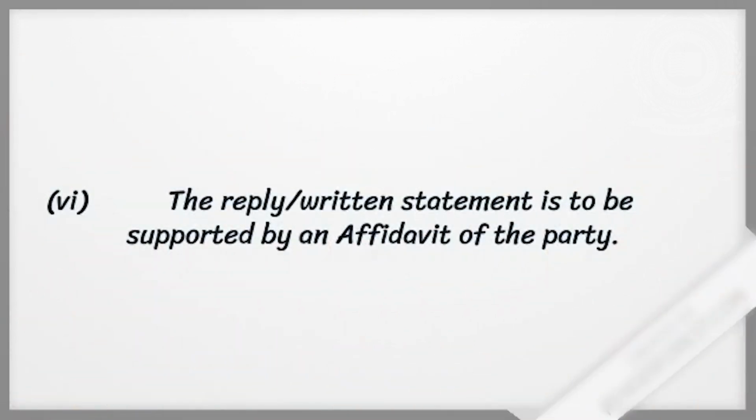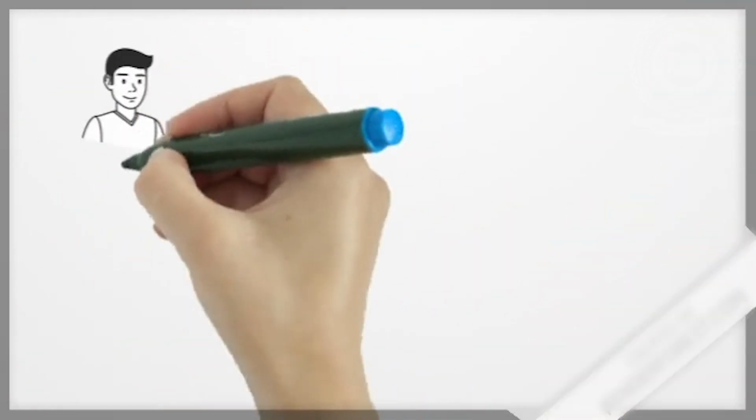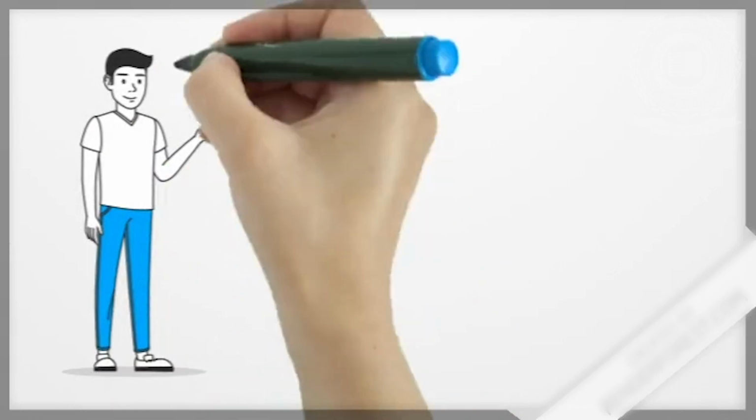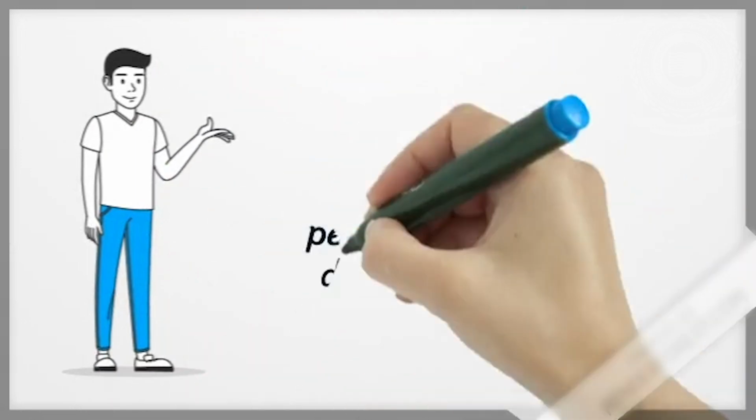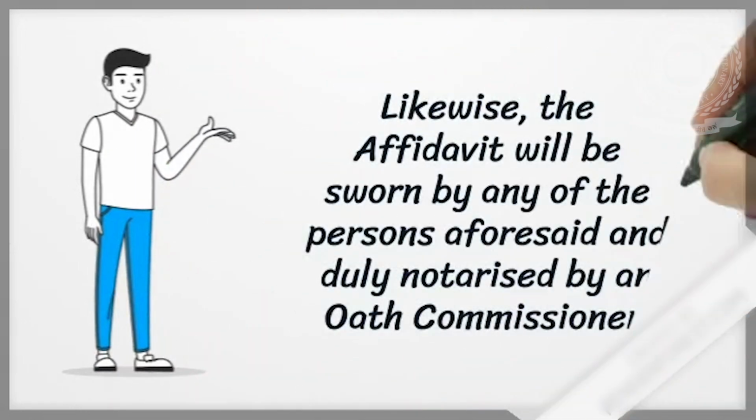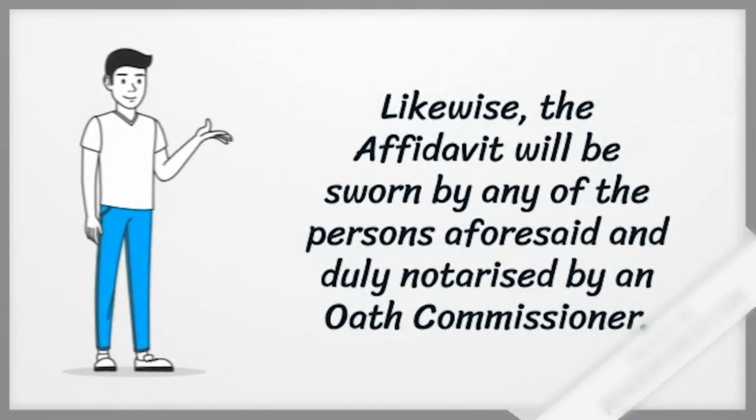Point number 6. The reply written statement is to be supported by an affidavit of the party. This is mandatory. Likewise, the affidavit will be sworn by any of the persons aforesaid and must be duly notarized by an oath commissioner.